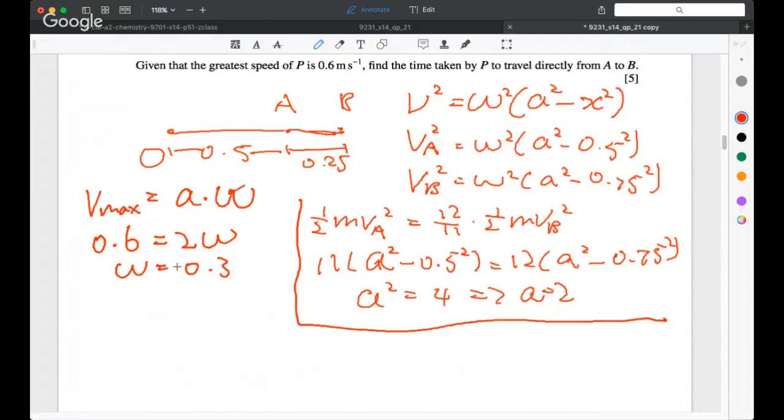And in order to find the time to travel a given distance between 2 points, we need to use the inverse sine function.